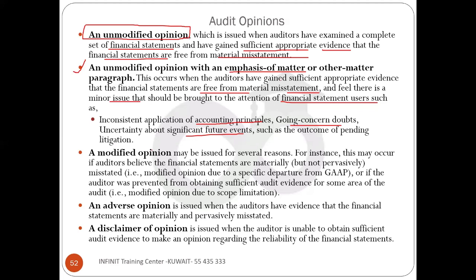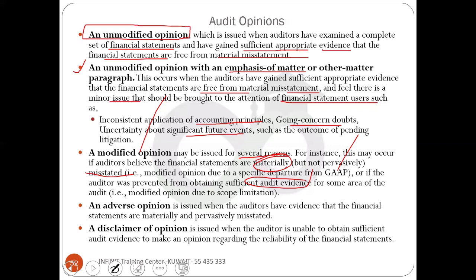A modified opinion may be issued for several reasons. For instance, this may occur if auditors believe financial statements are materially misstated. Then they have to issue a modified opinion, because it is not as per GAAP. Or if the auditor was prevented from obtaining sufficient audit evidence, they were not able to get enough evidence to prove some numbers.